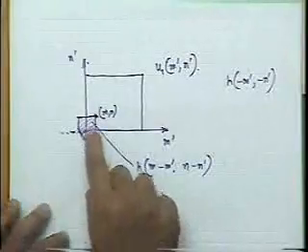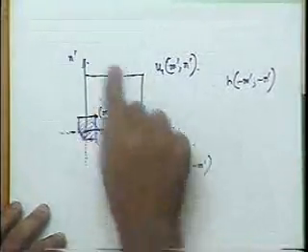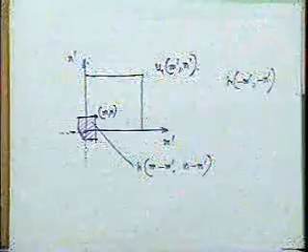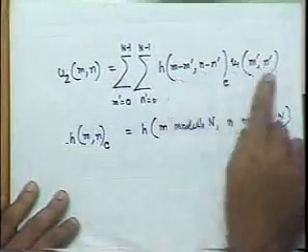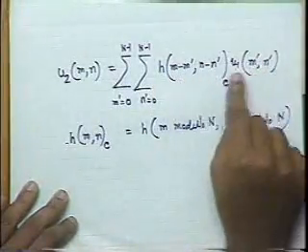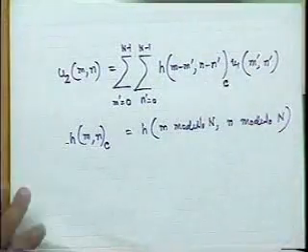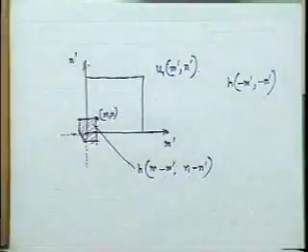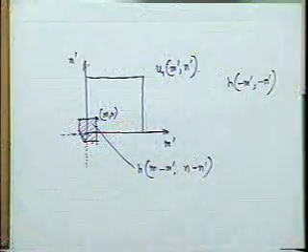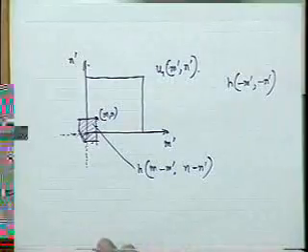So I have to sweep over this entire range, and keep on shifting this over the entire image space, and for every position I have to do a multiplication with the original image u1. Together, this operation is called convolution. So it is nothing but folding a function and then sweeping it over the entire image space.